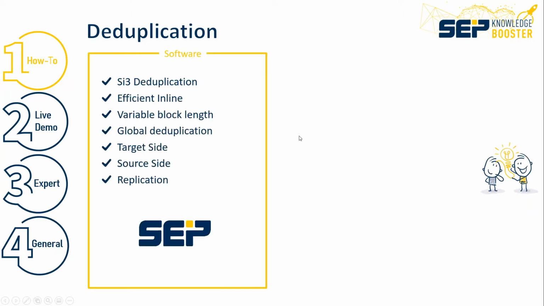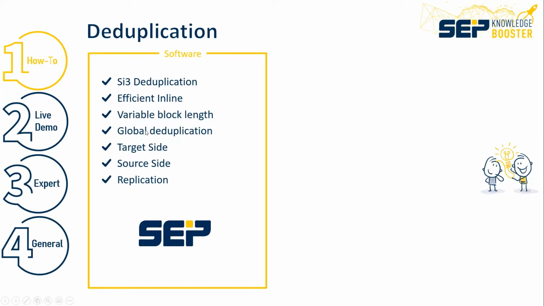So the deduplication possibilities you have in SEP is first of all our own integrated software deduplication, the SI3 deduplication. Some of you might already use it locally, and it's definitely an efficient deduplication. It's inline in memory before writing the data to the disk storage, based on variable block length, therefore a very good dedup ratio.